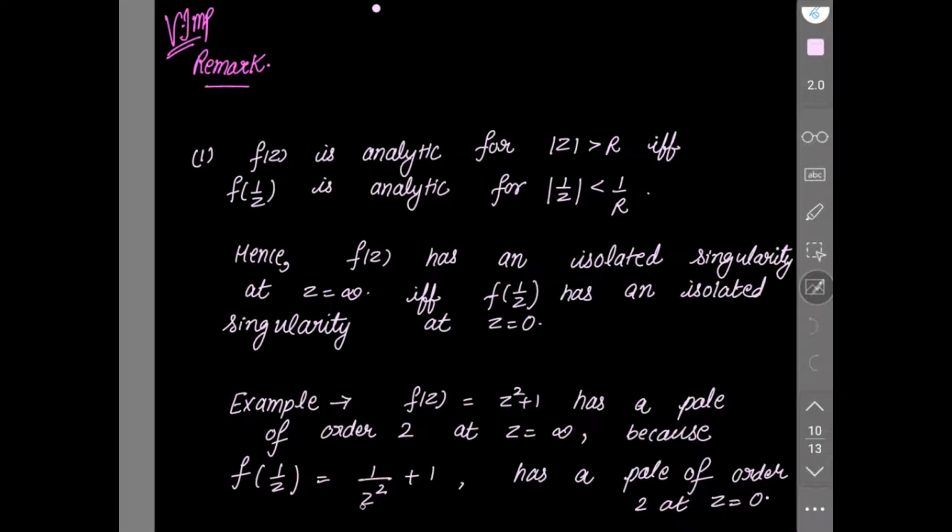Now this function has a pole of order 2 at z equal to 0. If you put the denominator equal to 0, what is the power over here? This is 2. So f(1/z) has a pole of order 2 at z equal to 0, so you can say that f(z) has a pole of order 2 at z equal to infinity.